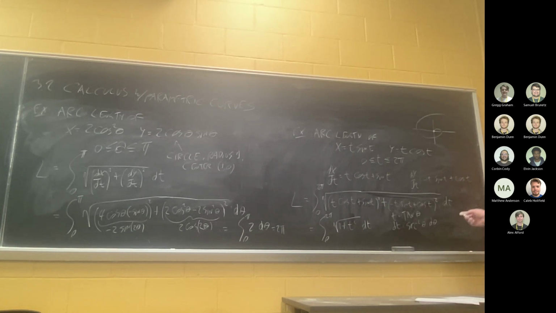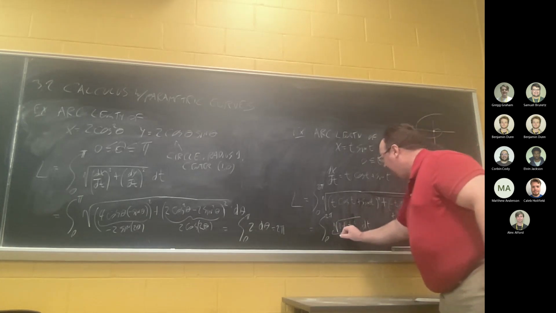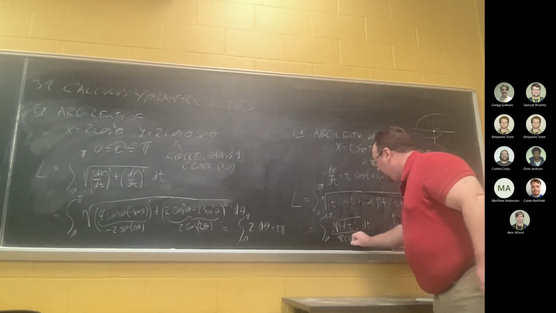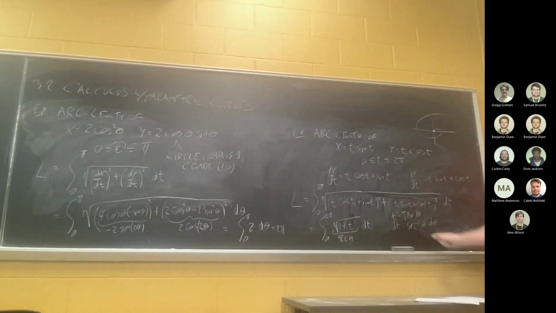Well, the overall integrand will be secant cubed. Just this by itself is secant, and that combined with dt, you end up with the integral of secant cubed. And yikes on bikes of that one.